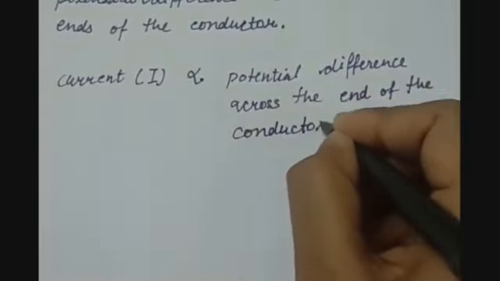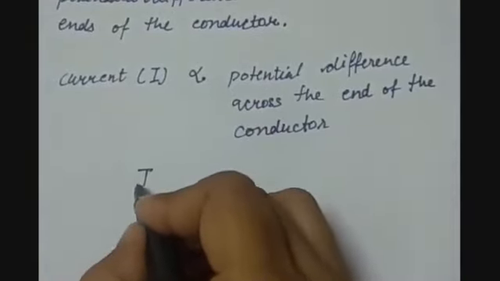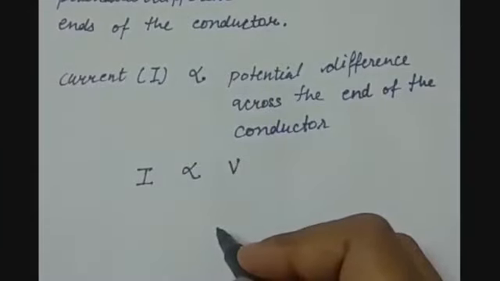That means, potential difference, you know the symbol, that is V. That means current is directly proportional to potential difference.